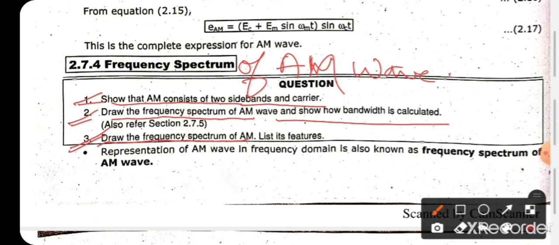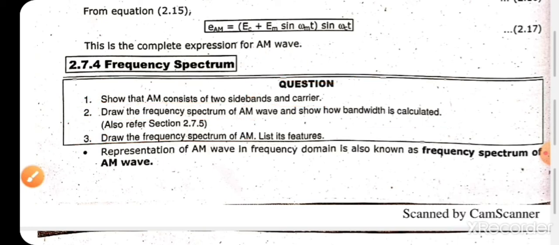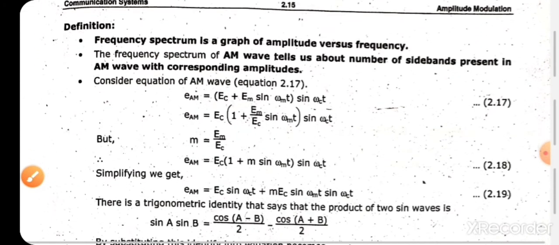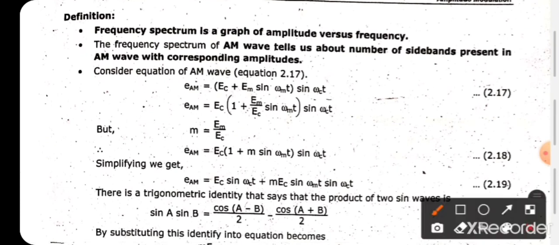Now what is frequency spectrum? Simply, the frequency spectrum of an amplitude wave is just a representation of the amplitude wave in the frequency domain. Now the definition: frequency spectrum is just a graph of amplitude versus frequency.